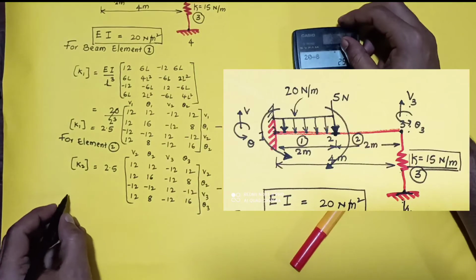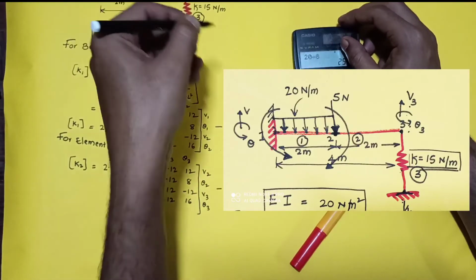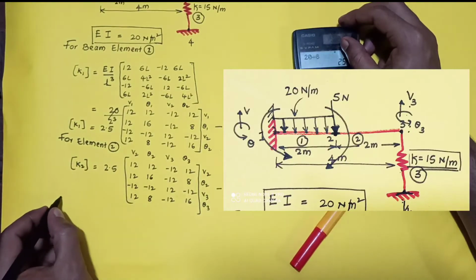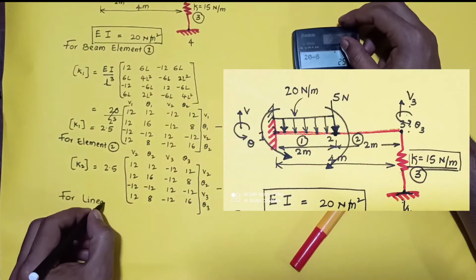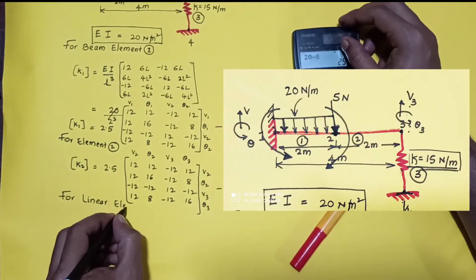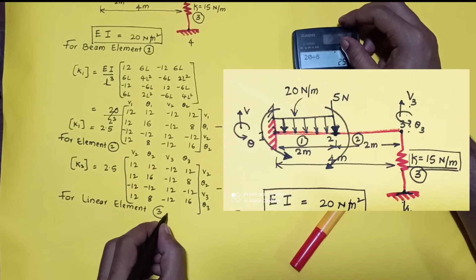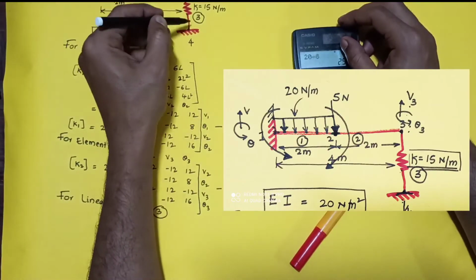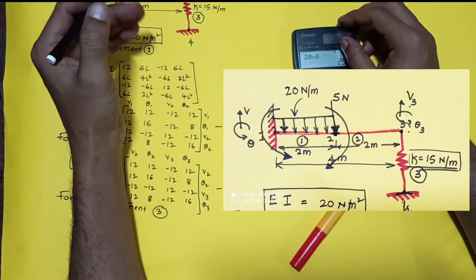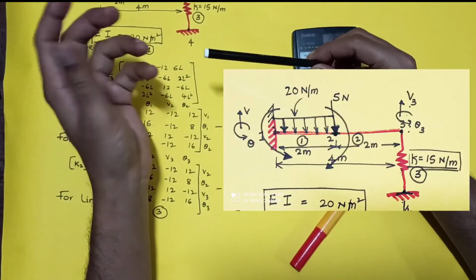Now we will go for the spring elements, which we call linear elements, or spring element in simple words, for the third element. So what deflections can we find here? If you have a spring element, it is like a bar element.